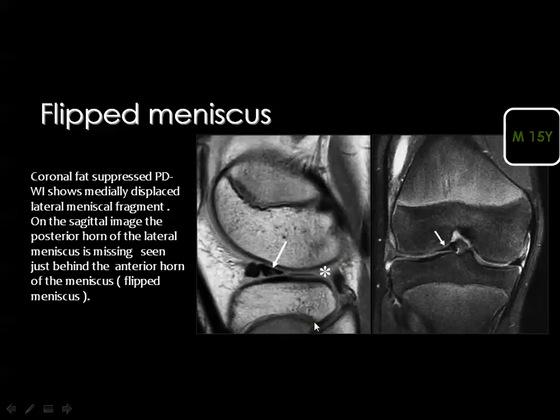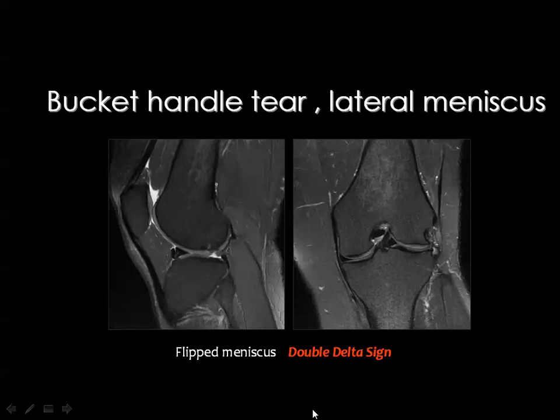Then here you see this asterisk refers to the site of the posterior horn, which is empty. Then anteriorly in the knee you see two horns, and this is diagnostic of bucket handle tear of the lateral meniscus. In the coronal image you can see a similar appearance to the medial meniscus, a peripheral fragment and a centrally displaced fragment.